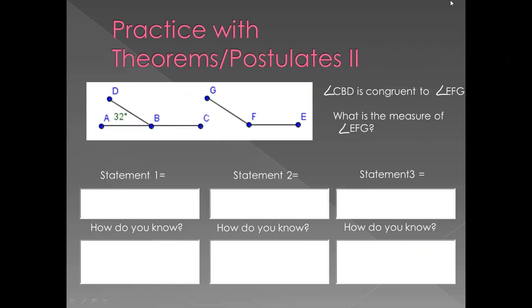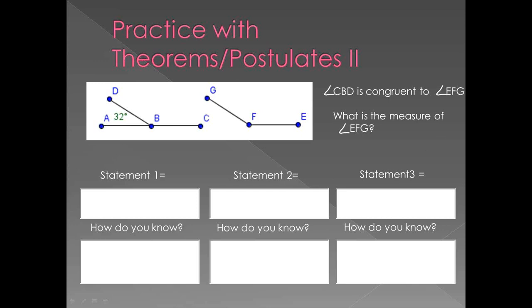Now we're going to use another theorem. We know from our statements here, CBD is congruent to EFG. Okay? We need to find what is the measure of EFG.